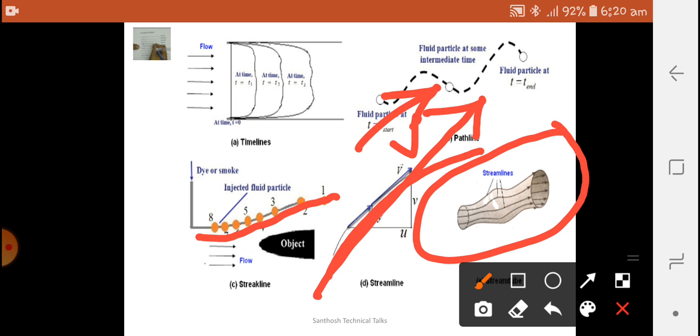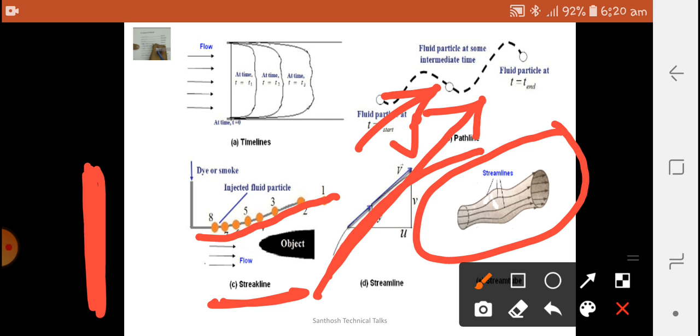It represents the motion of fluid particles in different ranges, laminar and turbulent, all the ranges are incorporated. For a better understanding, if we light a lamp or a candle, the smoke produced by the candle is a very good example of a streak line. You will notice that up to some distance it is a very steady flow.